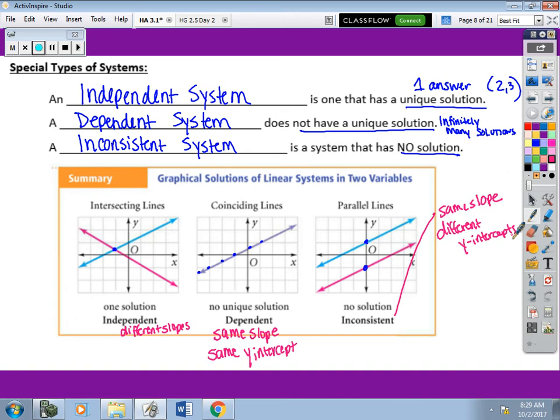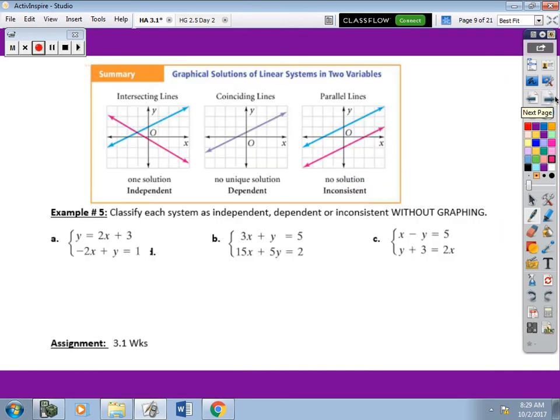So the last 3 questions ask us to classify each system as inconsistent, independent, or dependent without graphing them. Okay, so without graphing them, you're going to solve each for y and observe the slope and y-intercept. So for the first one, this one is already solved for y.